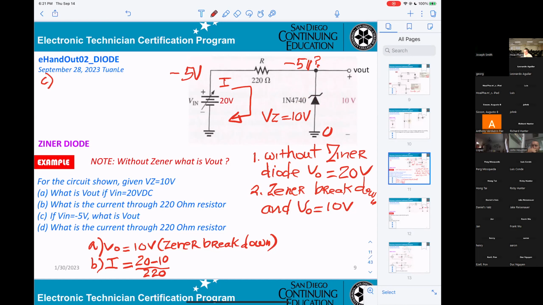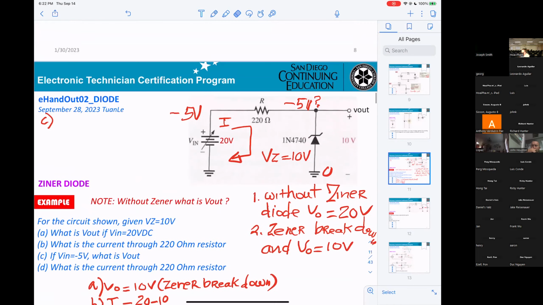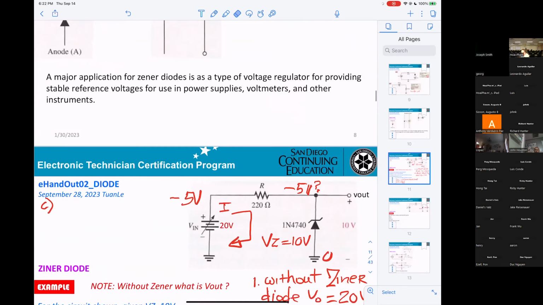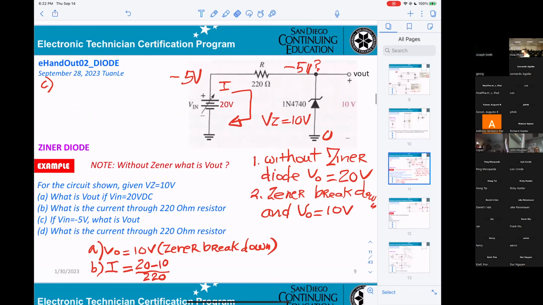Minus 5.7. The diode will be on, right? Yes. Okay, now you see right here. If the diode is on, this is negative, this is positive. So this will be negative, and that will be positive. Okay, and 0.7, correct?